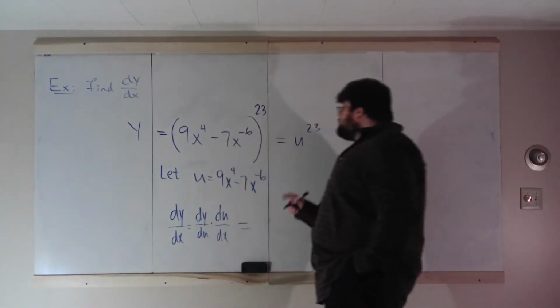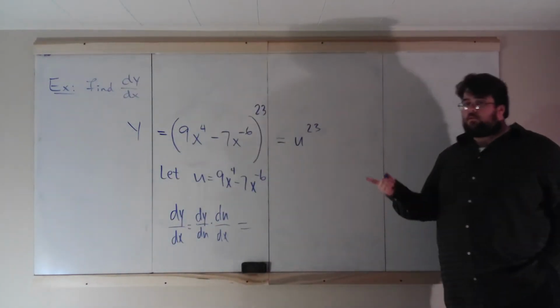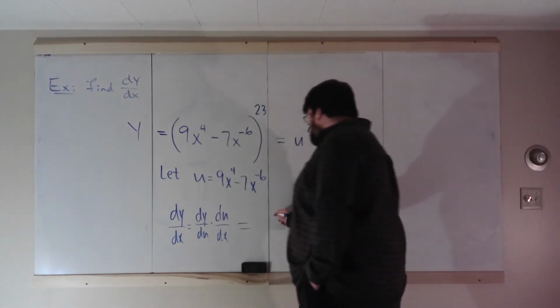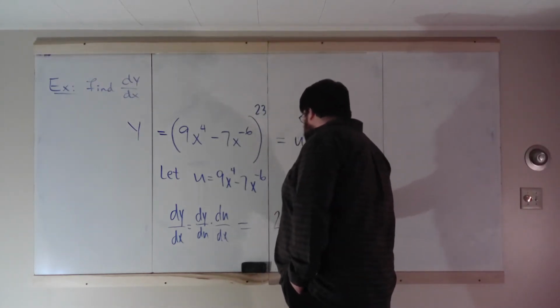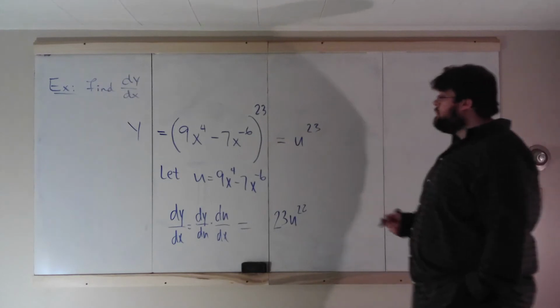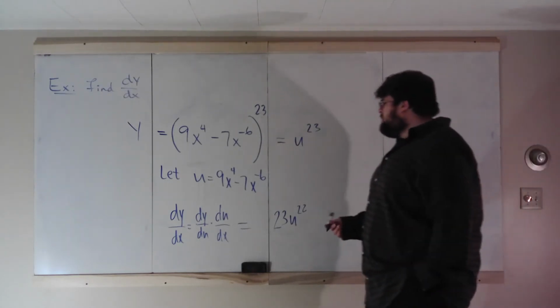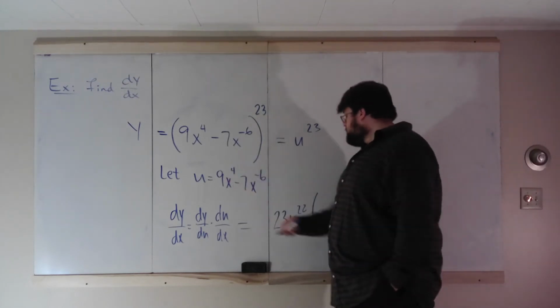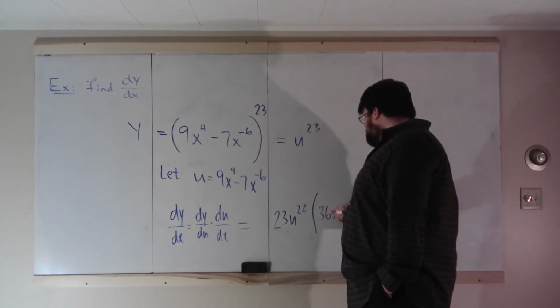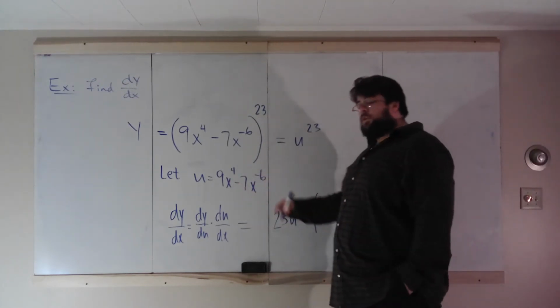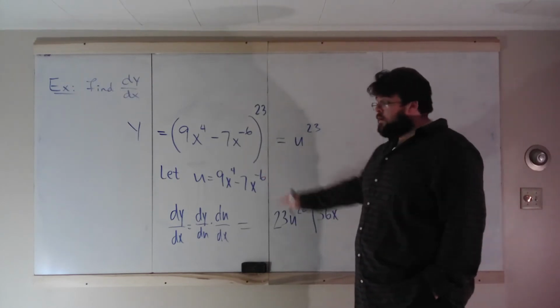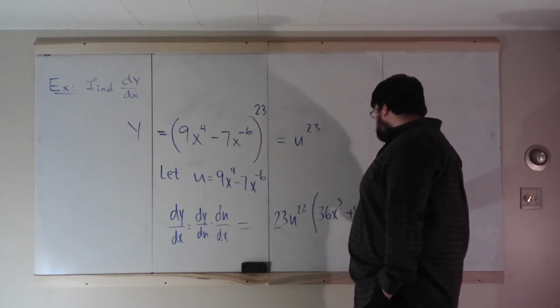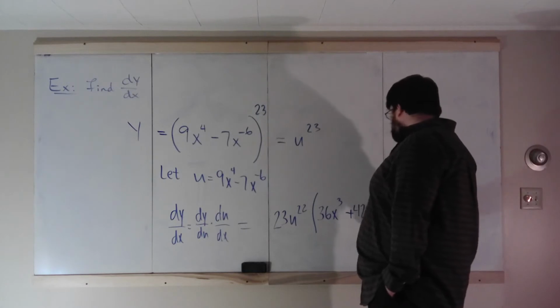What's dy du? Well, y is just u to the 23rd, so dy du is just 23 u to the 22 using the power rule. What's du dx? Well, here we just have a couple power rules. 36x cubed, positive 42x to the negative 7.